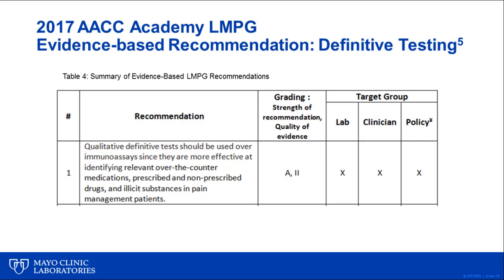One of the recommendations was that the qualitative definitive tests should be used over immunoassays, since they are more effective at identifying prescribed medications and illicit substances in pain management patients.